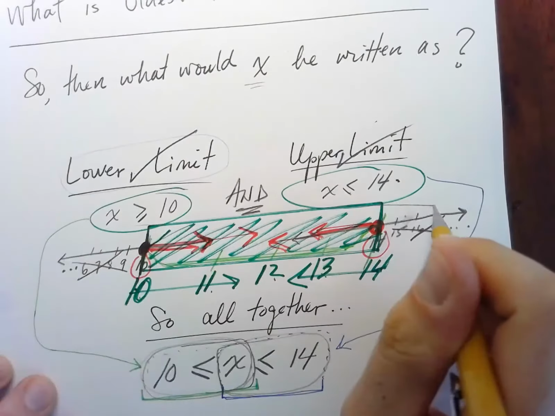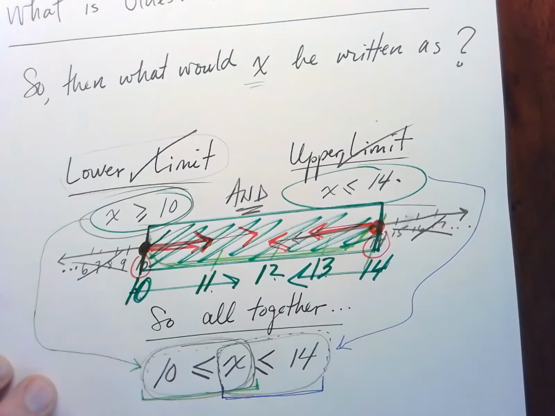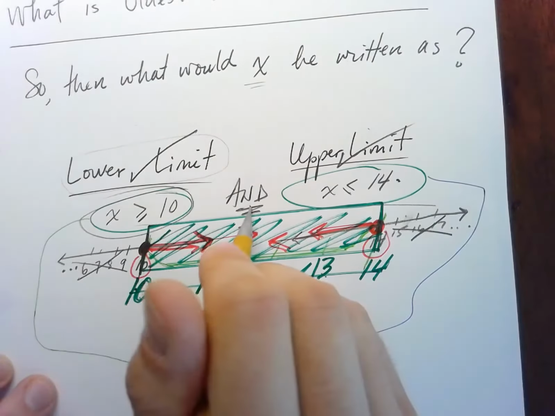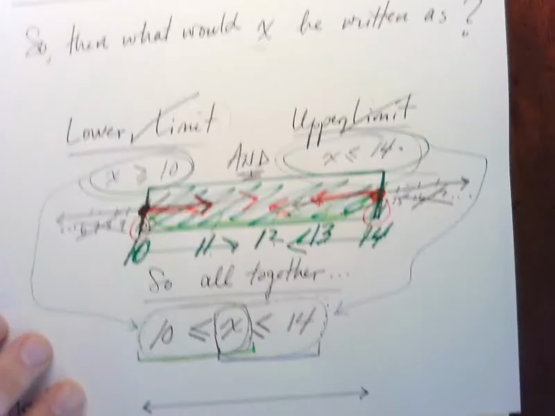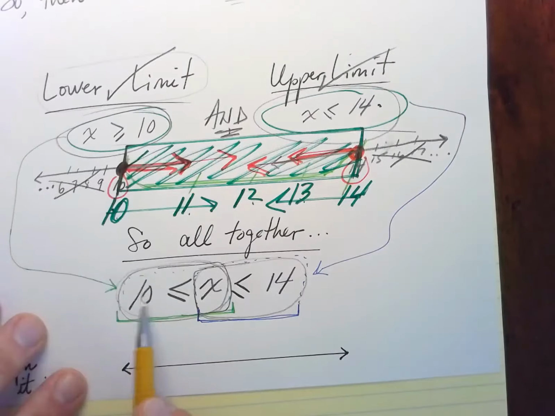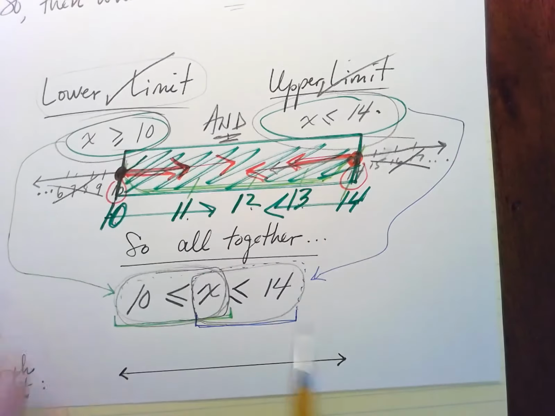Both of them are required to make an accurate statement about x. Okay? I have to know that it's greater than or equal to 10, and I have to know it's less than or equal to 14. Both conditions have to be met. And so that's what I've written here, a compound inequality using the word and. I have two inequalities that I have combined together. So let's graph this.